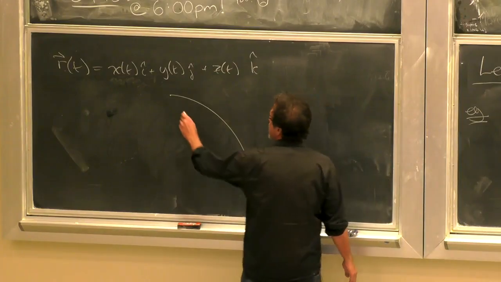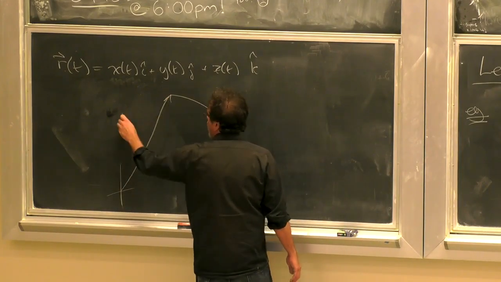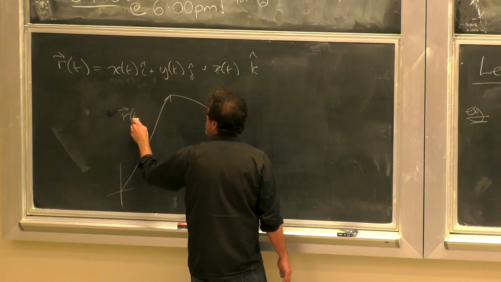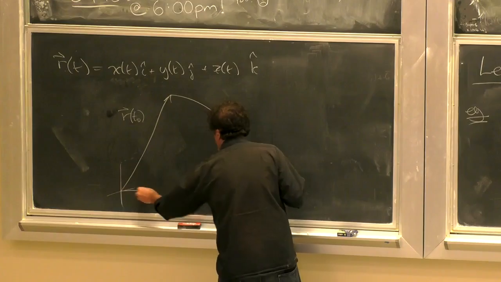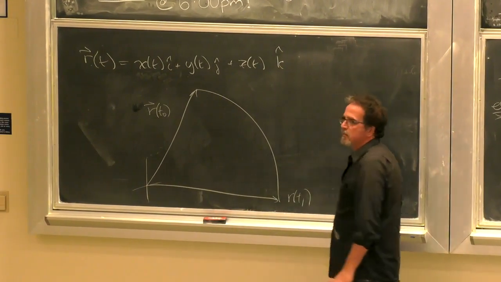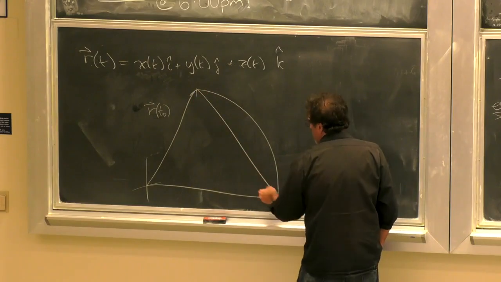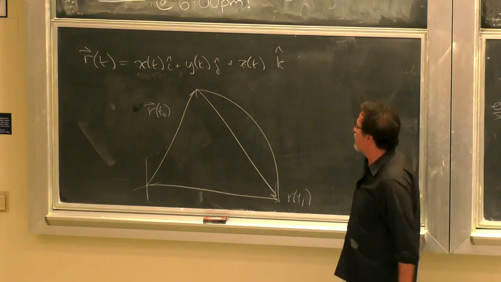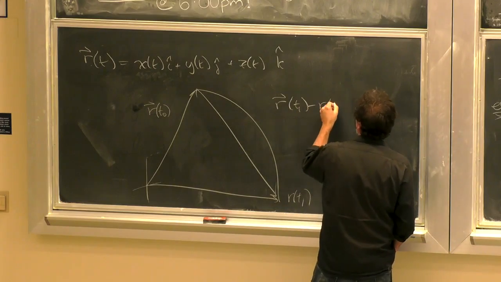Okay? So let me say that there's a coordinate system here, and that curve is given by r of t, so that this is r of t0, and this is r of t1. Then from your 21c, you understand that this vector right here is r of t1 minus r of t0.